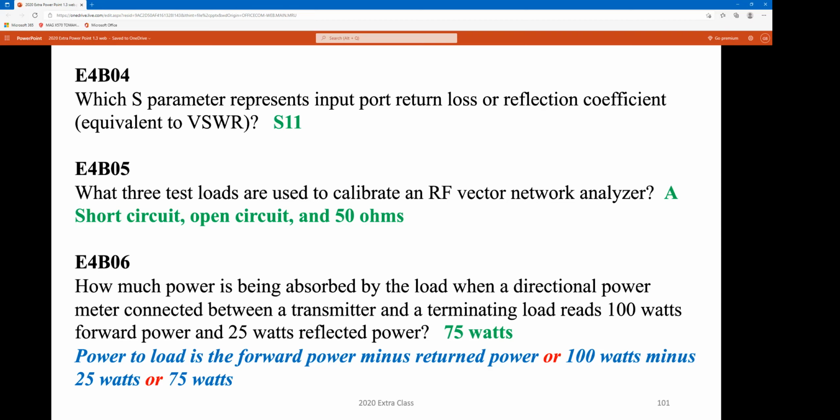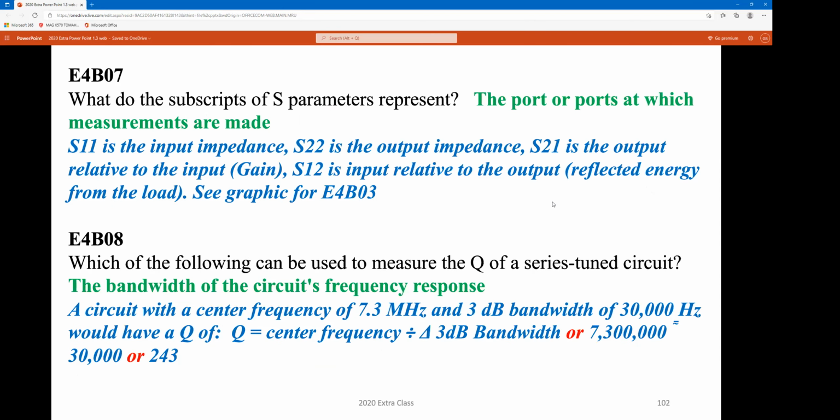How much power is being absorbed by the load when a directional power meter connected between a transmitter and a terminating load reads 100 watts forward power and 25 watts reflected power? And the answer is just the difference of those two things, 75 watts. What do the subscripts of S parameters represent?